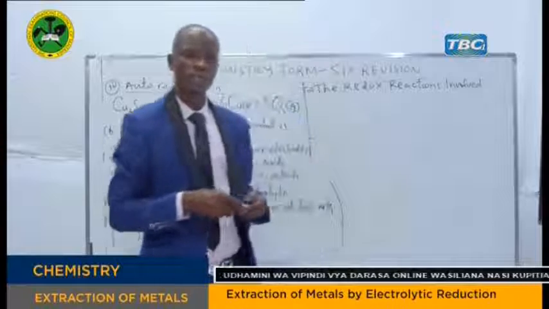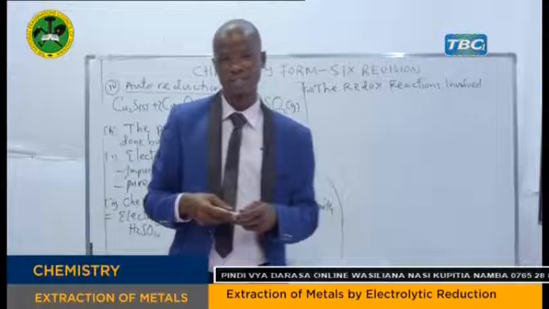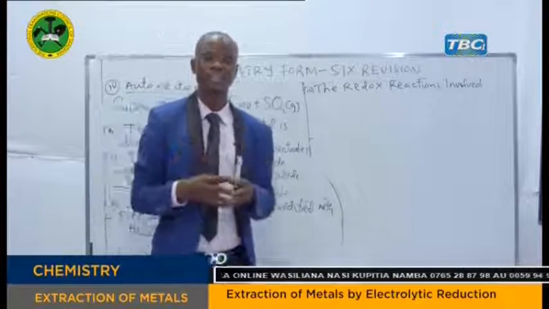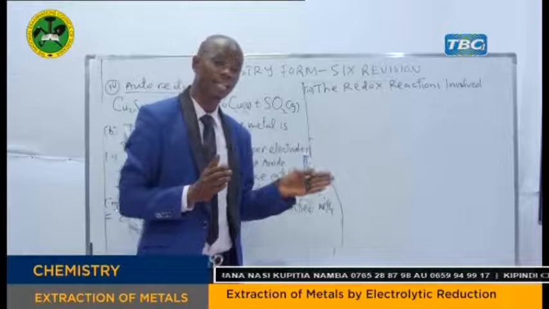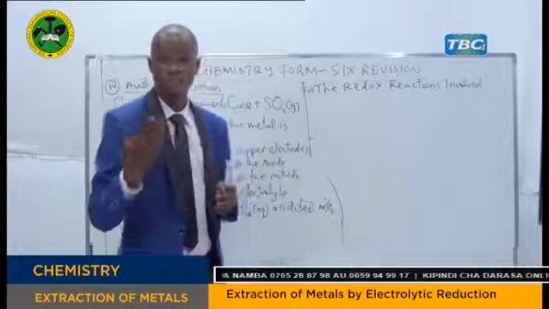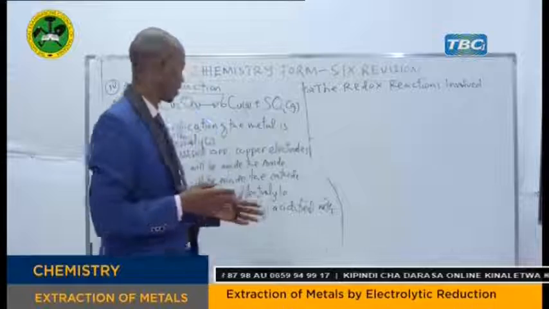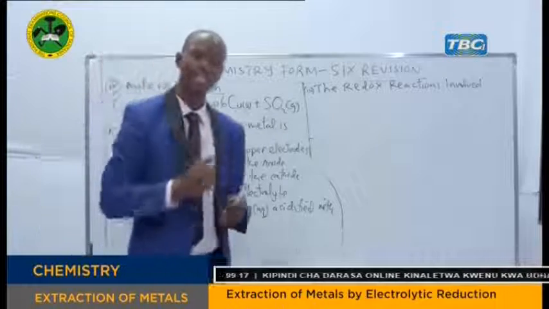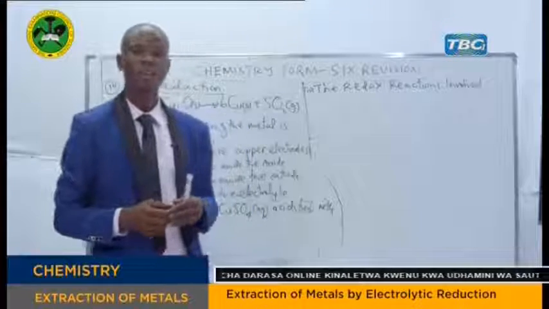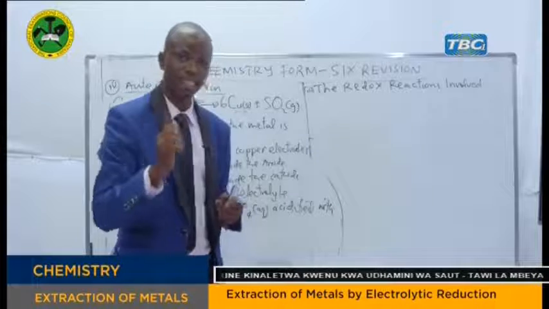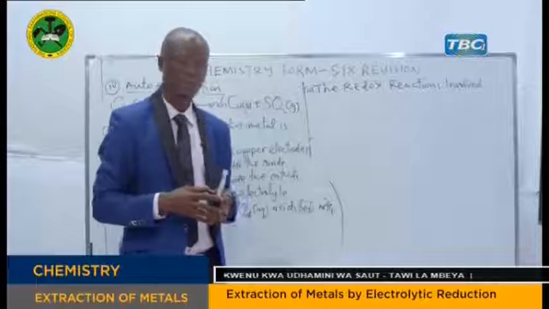When you talk about redox reaction, what do we understand, my dear students? Redox reactions, here we are referring to reduction and oxidation. So here we are going to have the oxidation half reactions, and you're going to have reduction half reactions.